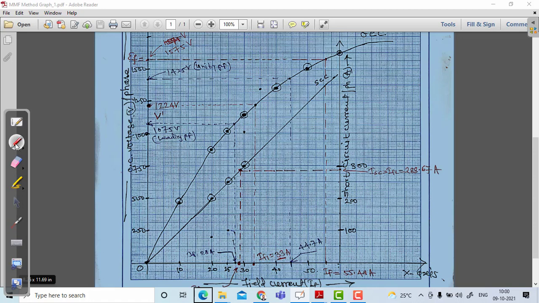So if you look here, this is the 27, and corresponding to it, somewhere here, the value is 1075 volt. Okay, so from this you can obtain the voltage regulation.